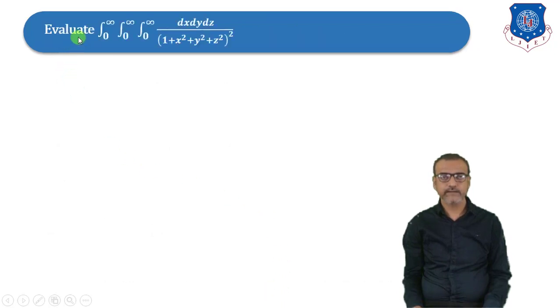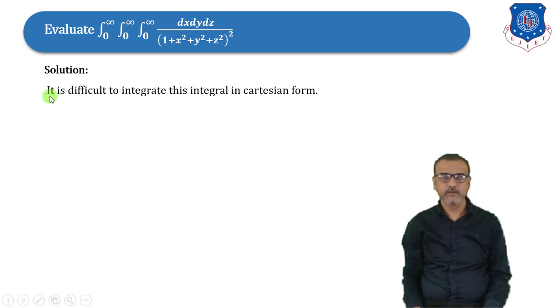Now we have one example related to this topic: integration from 0 to infinity, integration from 0 to infinity, integration from 0 to infinity, dx dy dz upon (1 plus x square plus y square plus z square) the whole square. So here is the solution. It is difficult to integrate this integral in Cartesian form.